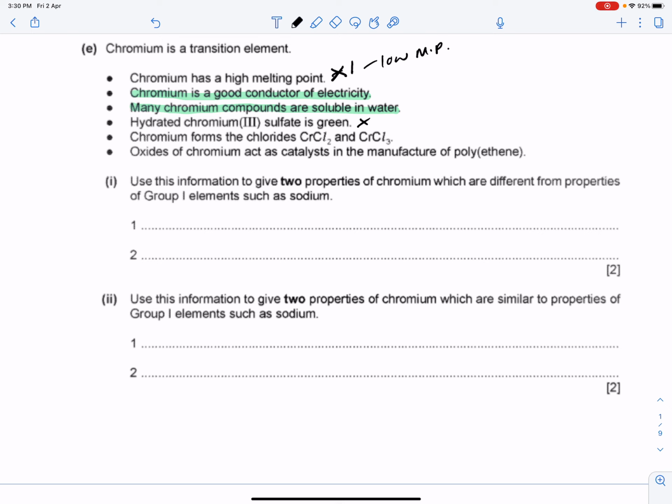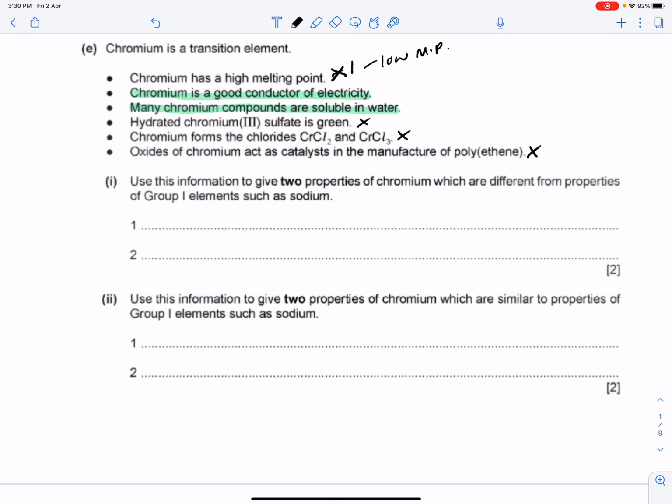Chromium forms the chlorides, chromium(II) chloride and chromium(III) chloride, with chromium in a different oxidation state. So definitely the group 1s can only have an oxidation state of +1. Oxides of chromium act as catalysts in the manufacture of polyethylene, while only the transition metals can act as catalysts.